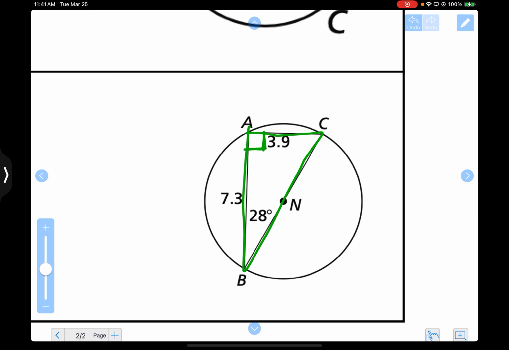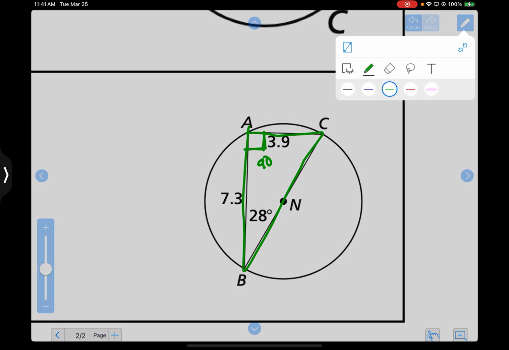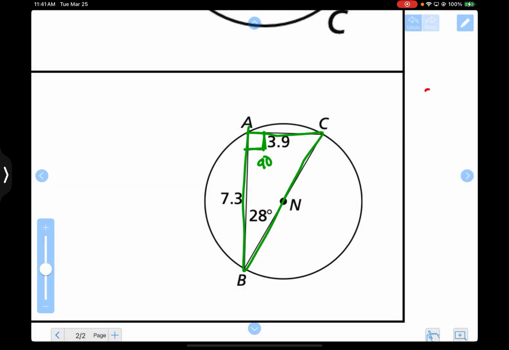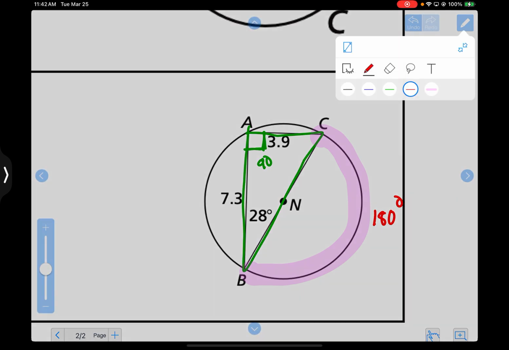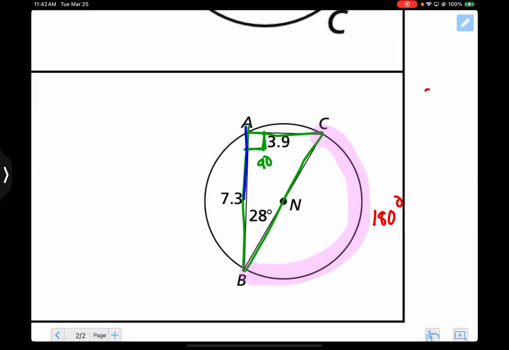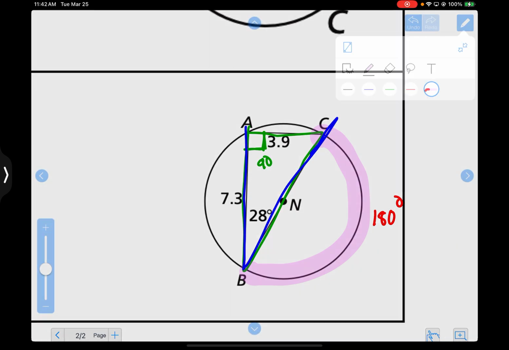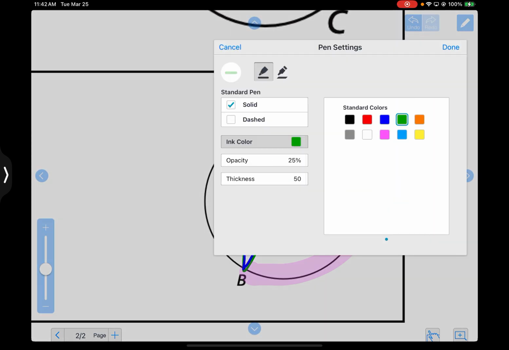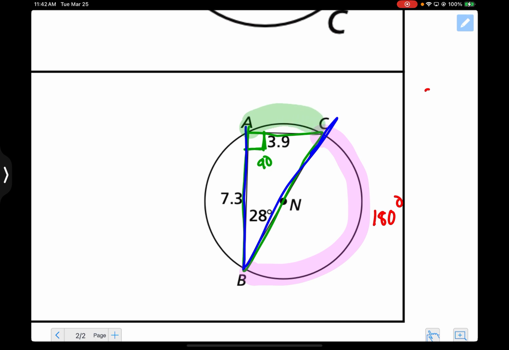So if I know that this angle is 90 degrees, then I know that this arc right here is going to be double my angle, and so that arc is going to be 180 degrees. So if we're looking at this right here, I know that my angle, again, let me change colors, is going to be half of the arc, so I need to double the angle. And so 56 degrees is that arc right there.